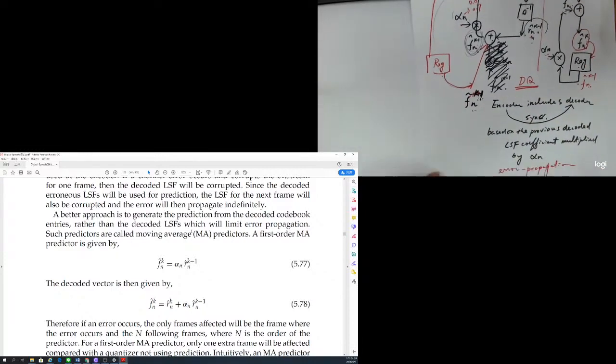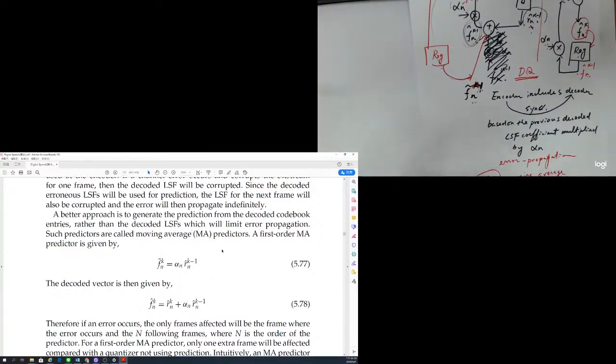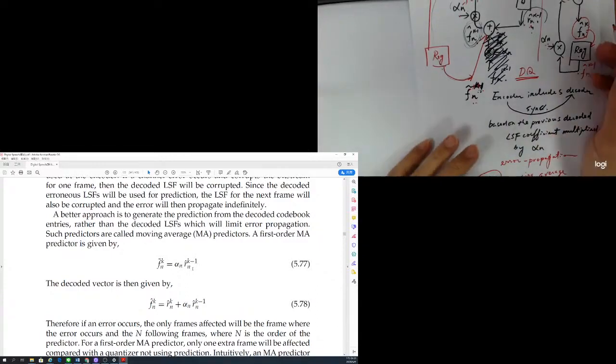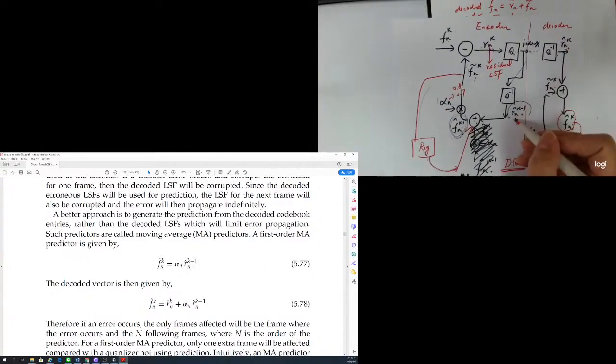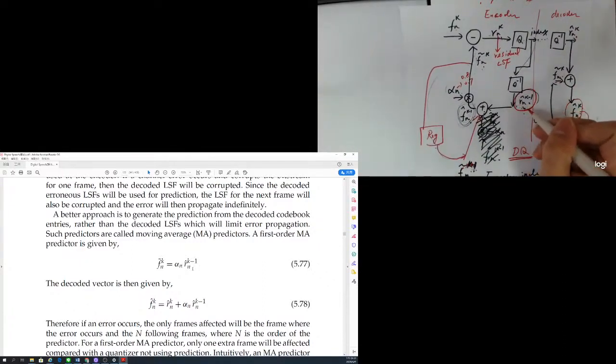They only consider the first order MA predictor. So you can see their prediction is not based on the recovered line spectrum frequency. Their prediction is based on this one, not on a summation together.